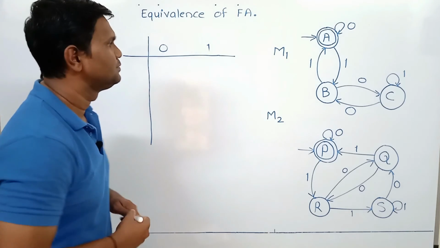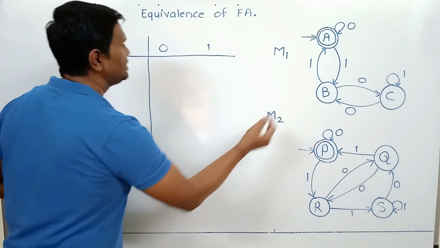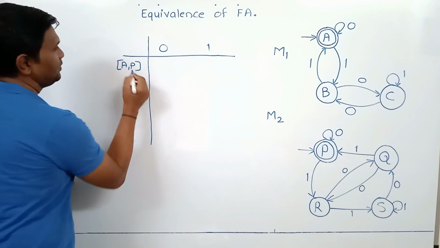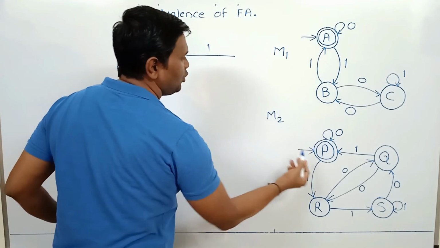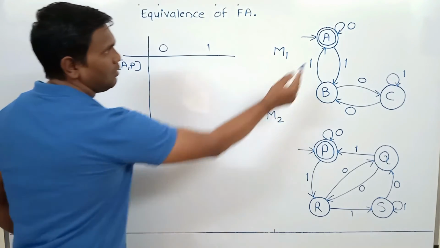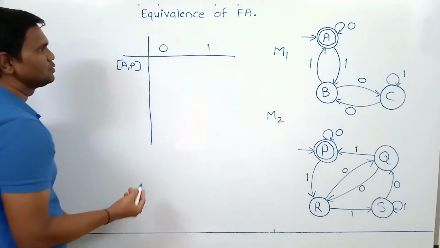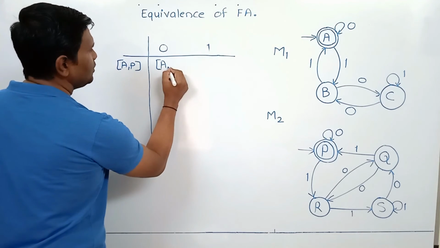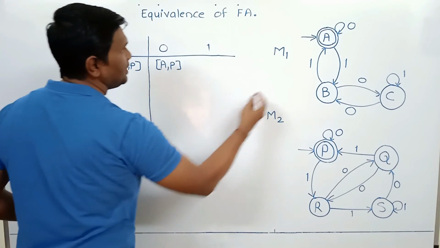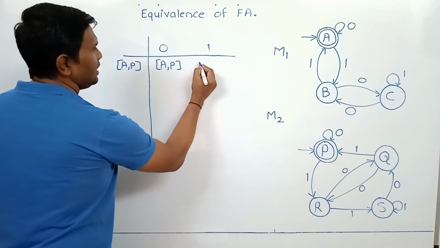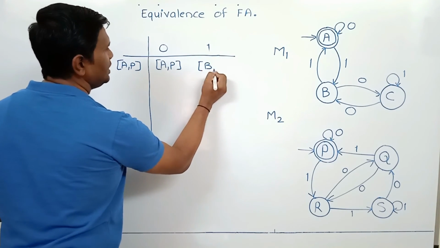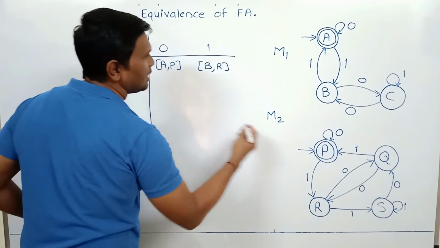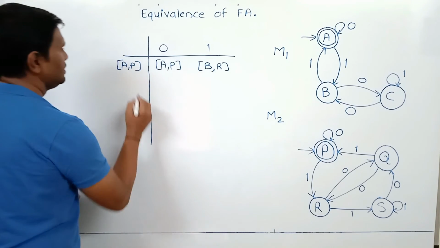Consider next problem. So first consider pair of initial states, A comma P. A is initial state of M1, P is initial state of M2. Both are final states. So we will proceed. A on 0 remains in A, P on 0 remains in P. A comma P, final, final. A on 1 goes to B, P on 1 goes to R, B comma R, non-final, non-final.